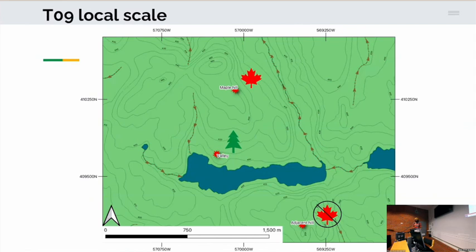Maple stands at the margins are only located on the top of hills, on mesic sites, and so we decided to study that, an adjacent hill which had no maple on it, and a valley stand which was pretty representative of all the other stands found around the base of the hills, which was mainly coniferous.